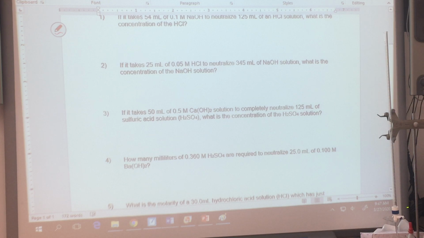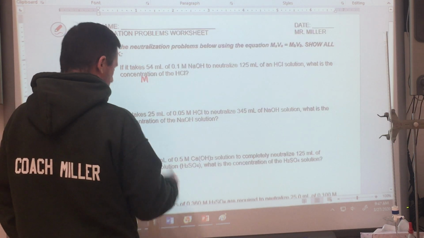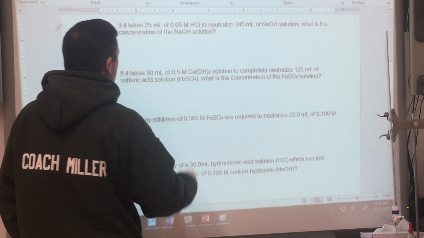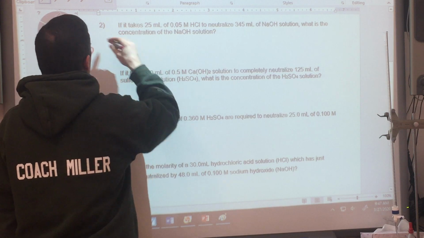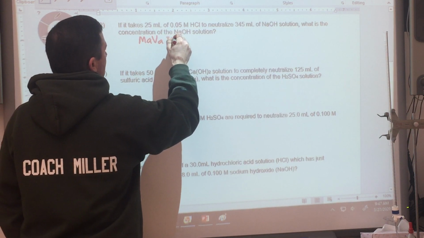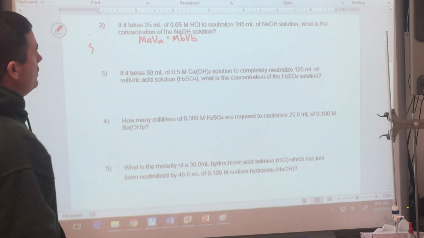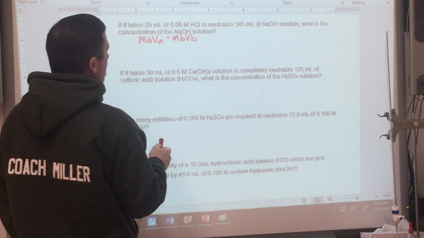It's not too bad. So let's take a look. I'm always going to put my equation first. MAVA = MBVB. If it takes 25 milliliters of 0.05 M HCl to neutralize that, what is the concentration?